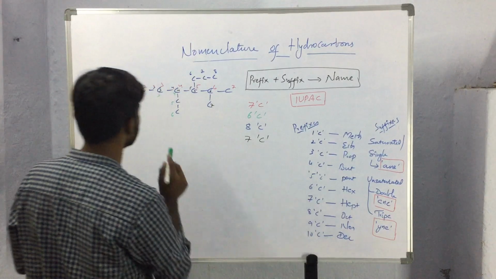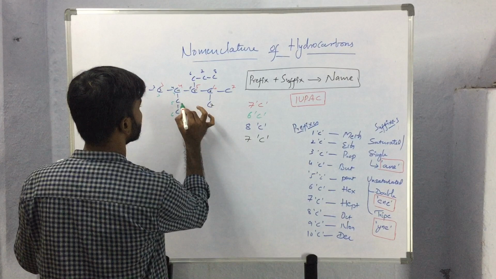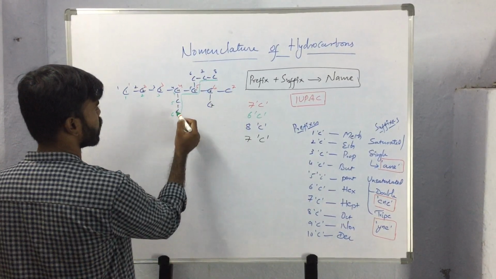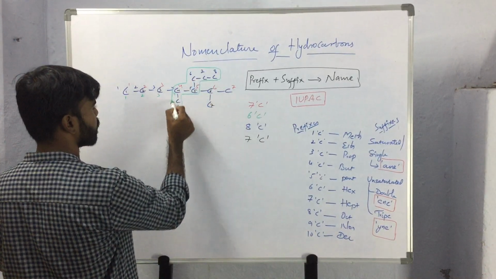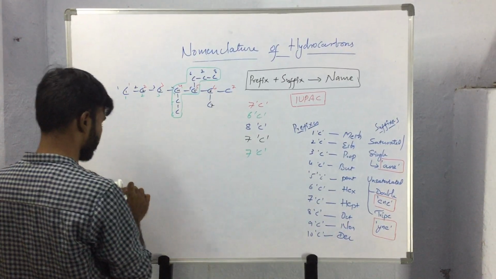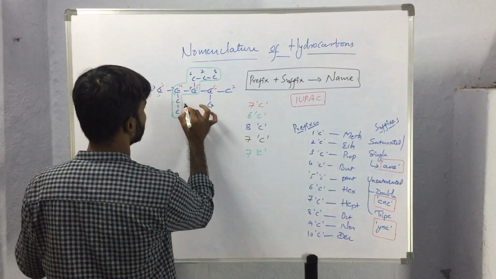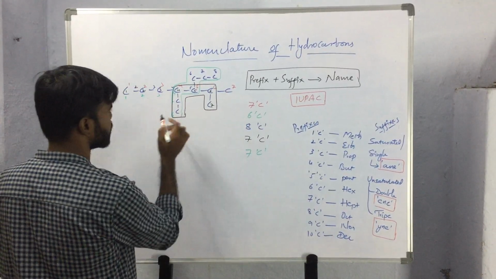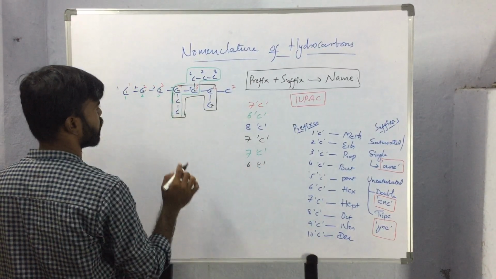Then again, observe carefully, here you may get confused. This is another possibility. So 1, 2, 3, 4, 5, 6, 7. So in this case also we are getting 7 carbon atoms. Then one more possibility. This is another possibility. 1, 2, 3, 4, 5, 6. 6 carbon atoms.